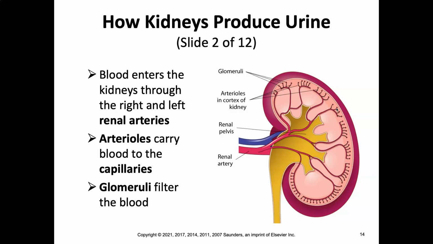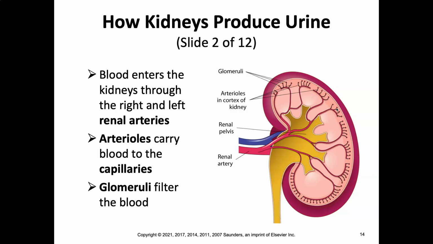And you can read more about this in your book. It'll talk through about how the blood passes through many glomeruli. The thin walls of each glomerulus permit water, salts, sugar, and urea with other nitrogenous wastes such as creatinine and uric acid to leave the bloodstream. These materials collect in a tiny cup-like structure called a glomerular capsule, also known as Bowman's capsule, that surrounds each glomerulus.